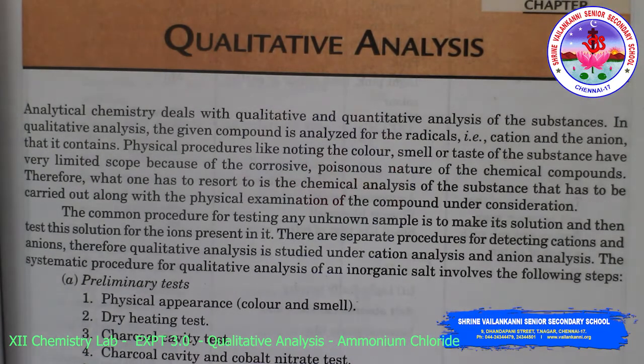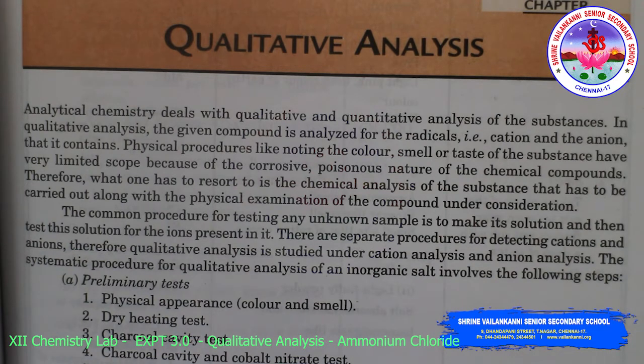A simple salt is made up of two parts: one is the anion or acidic radical, and the other is the cation or basic radical. First you must know the acid radical. The acid radical is a part of an acid and is non-metallic in nature. You already did this qualitative analysis in class 11.